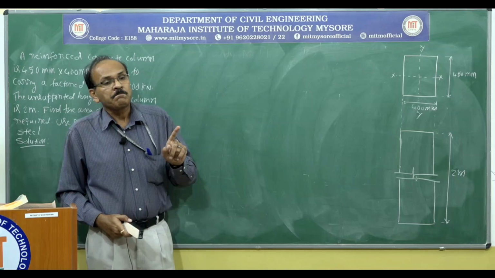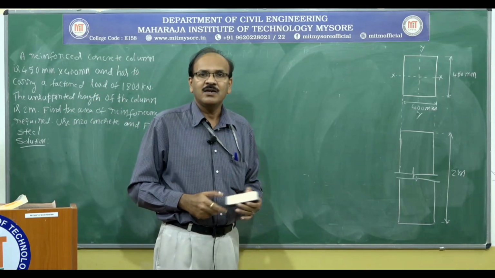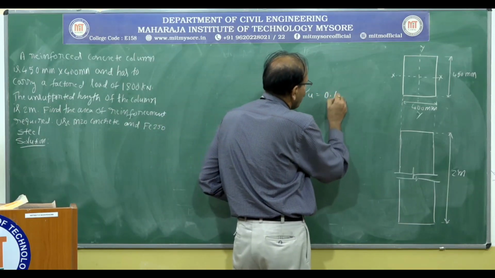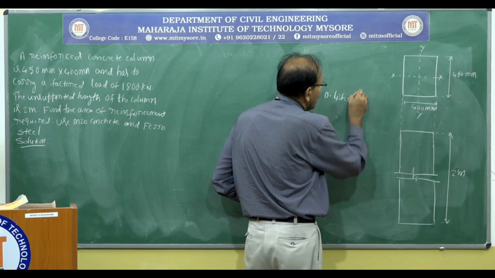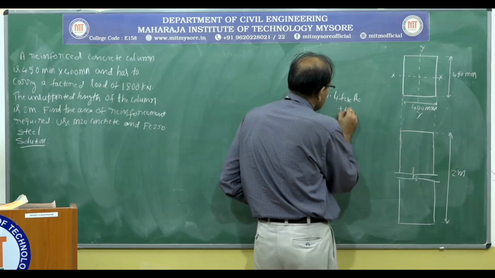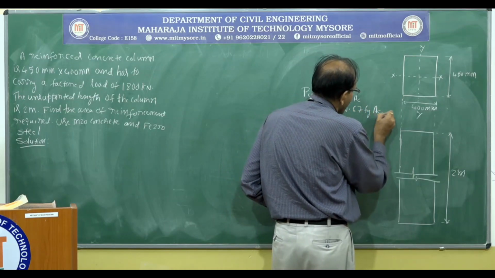So before proceeding, until now, we have only one formula, that is PU equal to 0.4 FCK AC, that is the area of concrete, plus 0.67 FY ASC.